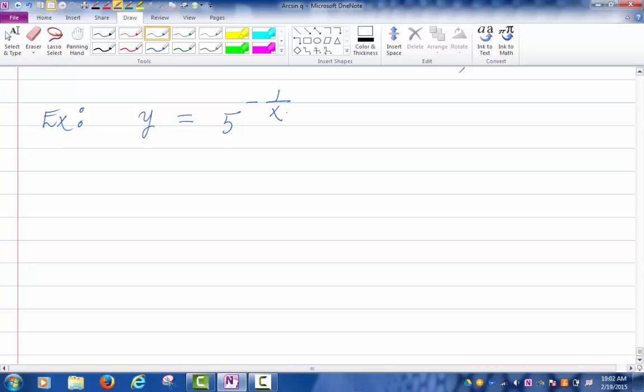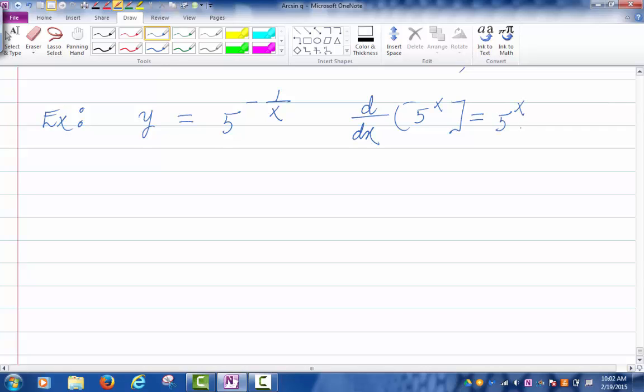I wish the exponent was just x. If the exponent were just x, then the derivative would be 5 to the x, assuming that the exponent is just x. But it isn't x, okay? So I have to multiply by its derivative.